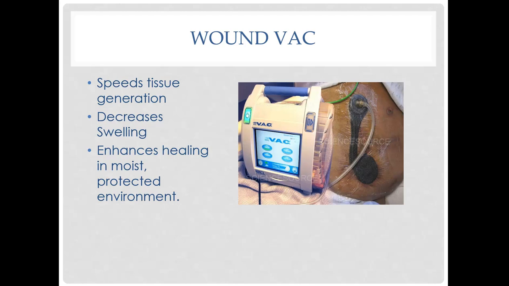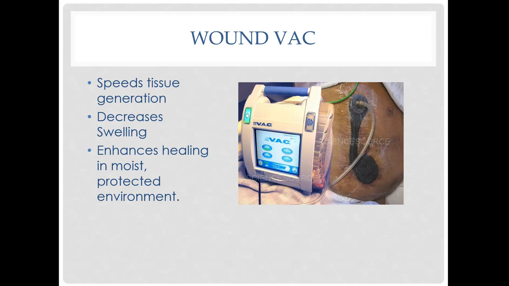It decreases swelling. It enhances healing in a moist, protected environment. So the drainage goes into the side canister here. Once it gets full, it'll usually beep at you, and you'll just change out that canister. If any of this becomes compromised in any way, it's probably not going to maintain the suction.